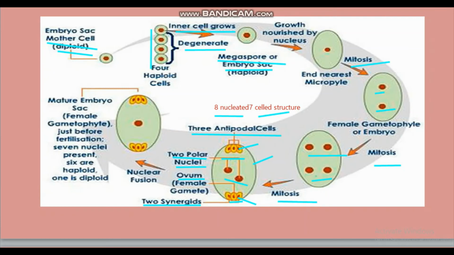This structure is called the embryo sac. Which one is the gamete? The gamete is inside the embryo sac. The egg is the gamete, the ovum is the gamete. But if someone asks you in which structure the gamete is present, that is the embryo sac. So what is the other term we can use for the embryo sac?